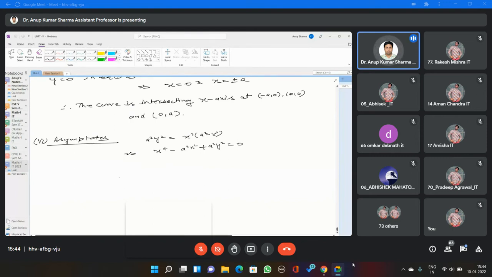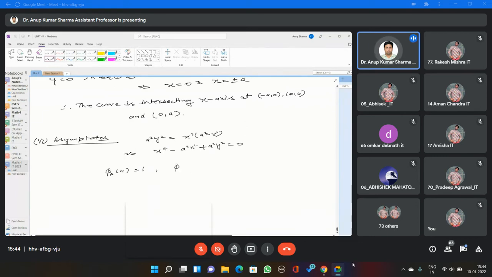Now, oblique asymptotes. Here the highest degree term phi 4 of m is 1, and the x to the power y term is not there.